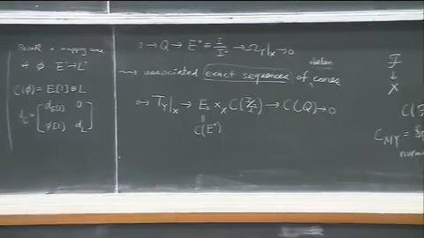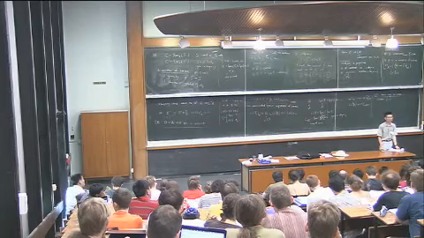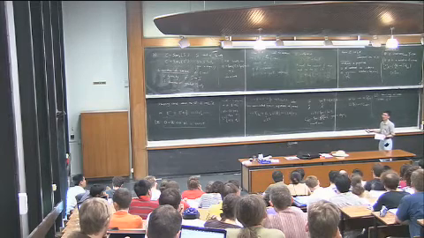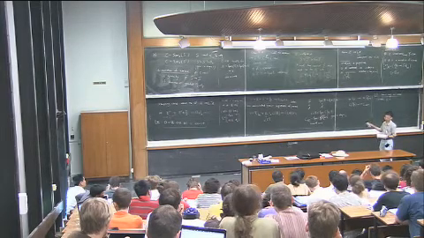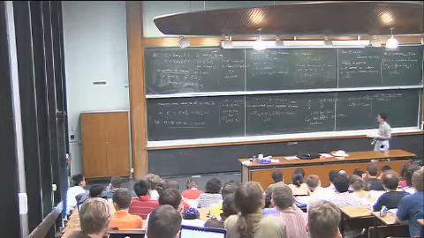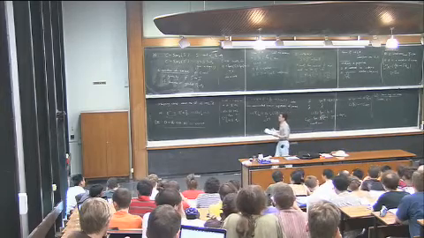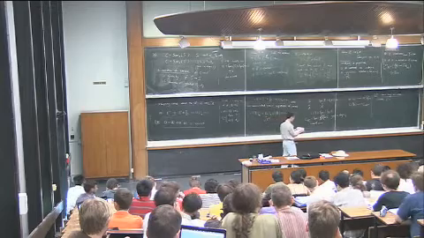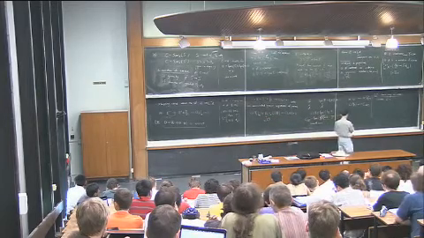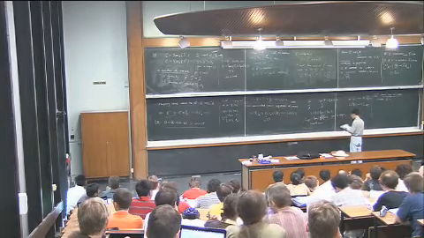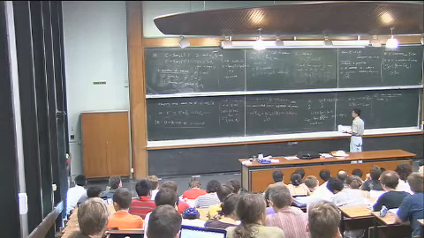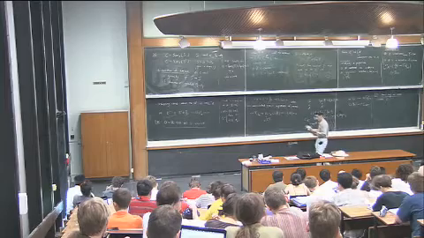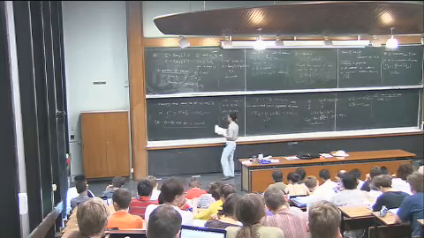I think Fulton's definition has a typo there. I corrected that, though maybe Fulton was right and I was wrong, so you should check that. Okay, so this is our exact sequence of cones. From it, I'm going to define another cone, which we will then use to construct the virtual class. So what is that?